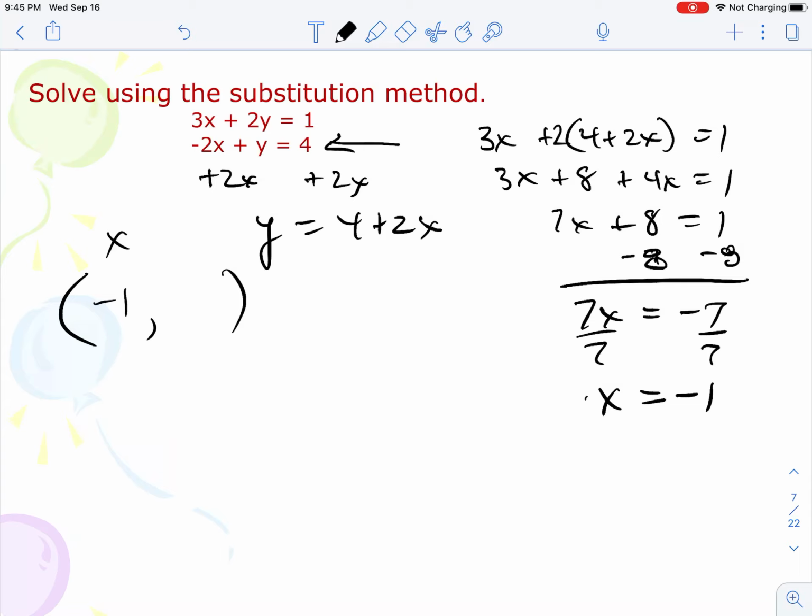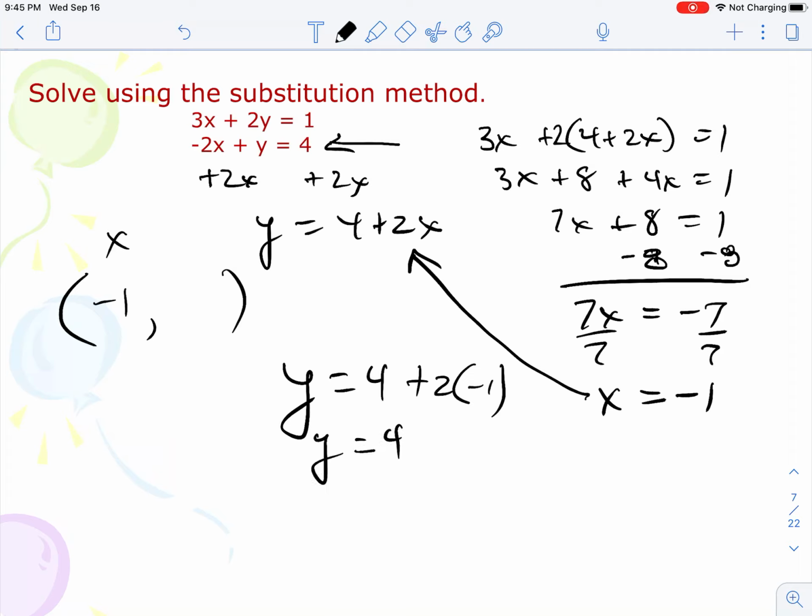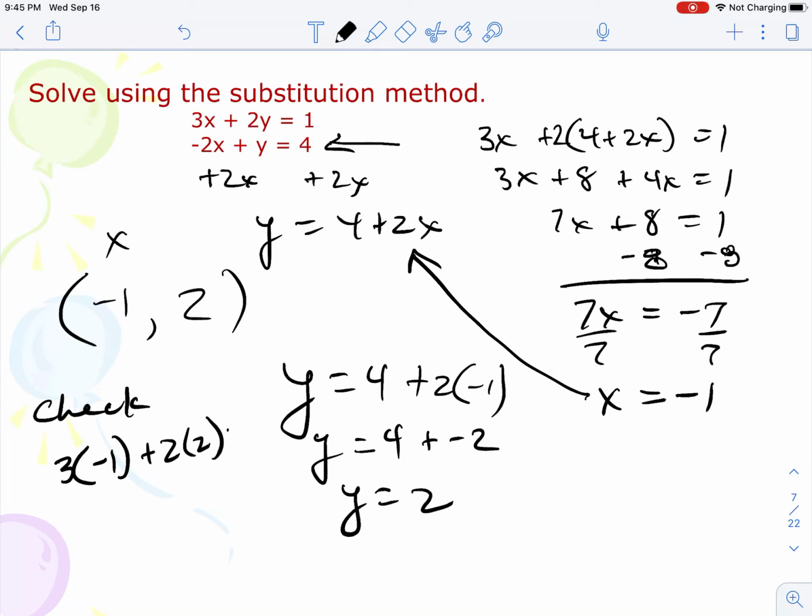Now, if I put that back into this equation right here, y equals 4 plus 2 times negative 1. So y must be equal 4 plus a negative 2, so y equals 2. Now you check in the original equations: is 3 times negative 1 plus 2 times 2 equal to 1?